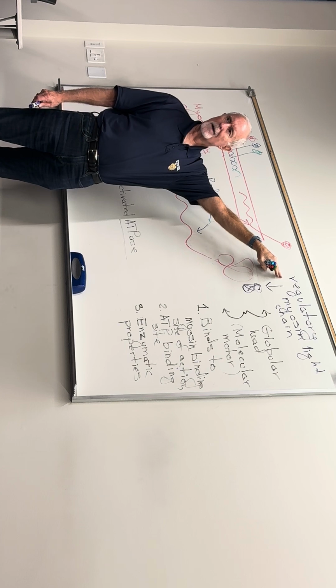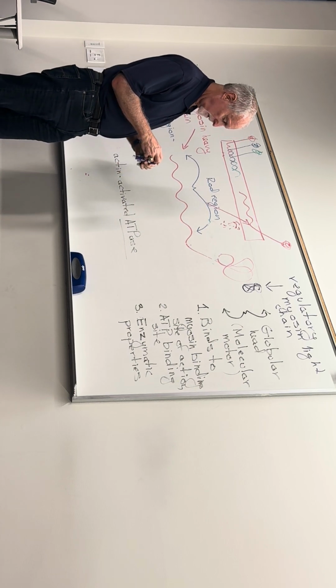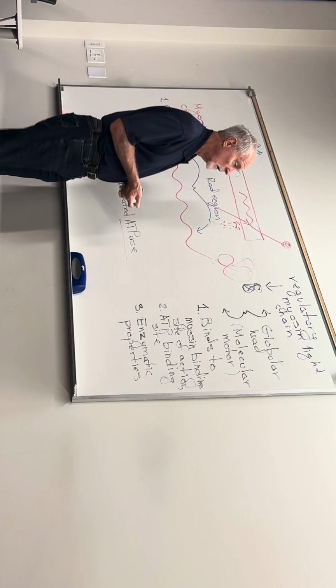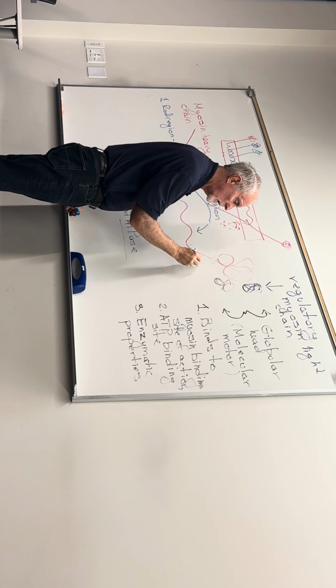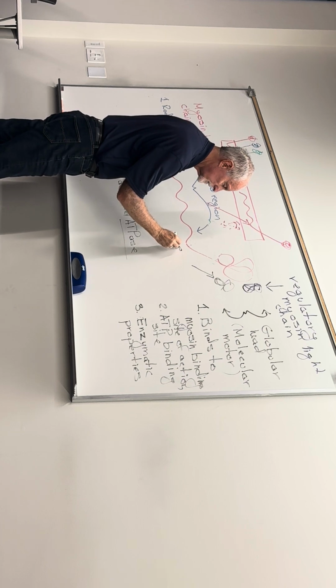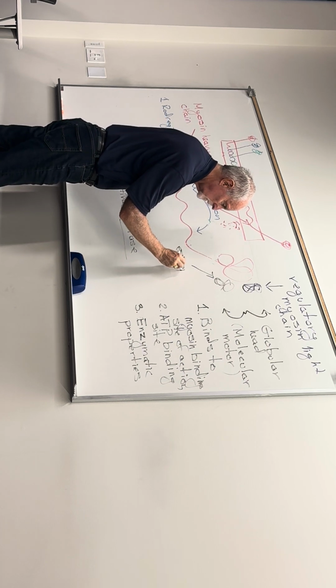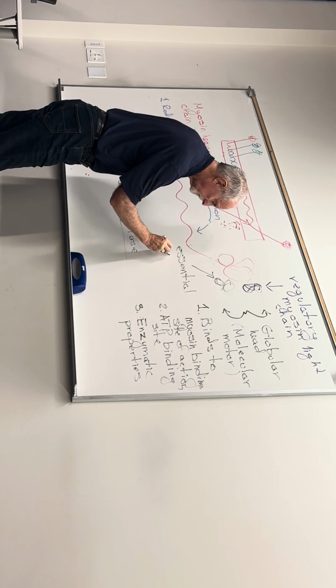Regulatory to me sounds like things that affect how things work. We'll come back to that later. And then we've got another protein. And this is referred to as a so-called essential myosin light chain.